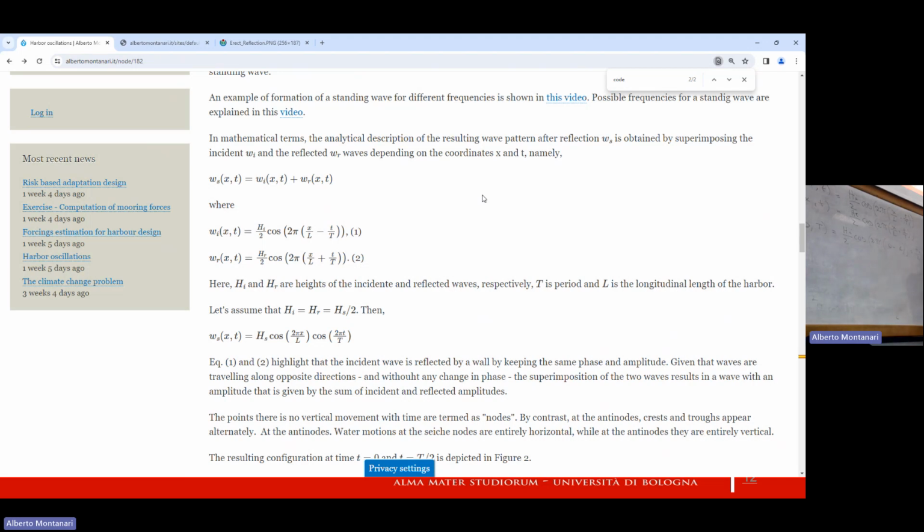So it's H_I divided by 2. Otherwise, in order to get 0, we should have something different. Then we get W_R equal to H_R divided by 2.